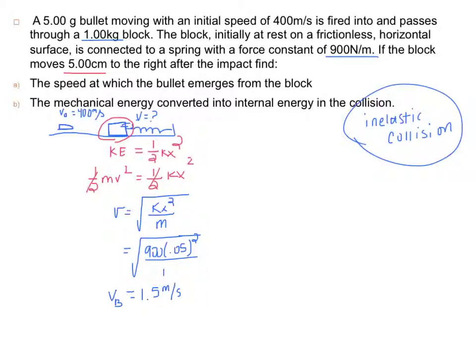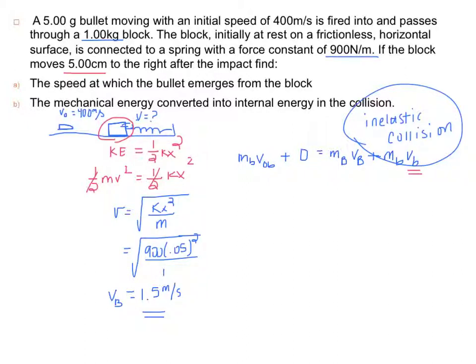So again, I know that this is the velocity of the block after they've collided. So going back and using momentum, I know that at the beginning, my bullet has an initial velocity. My block has no initial velocity before they collide. And at the end, when they do collide, I know that my block is going to have a momentum that comes from this 1.5 meters per second. And my bullet will also have momentum. And this is actually what we're trying to solve for here.